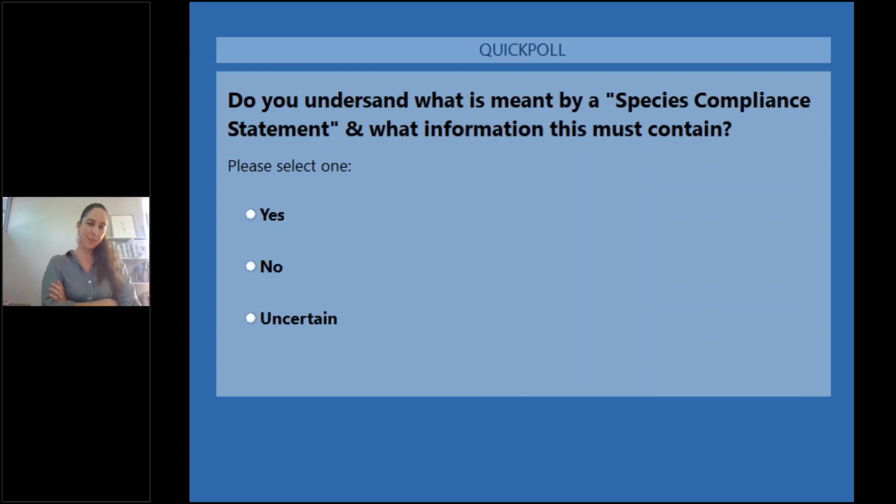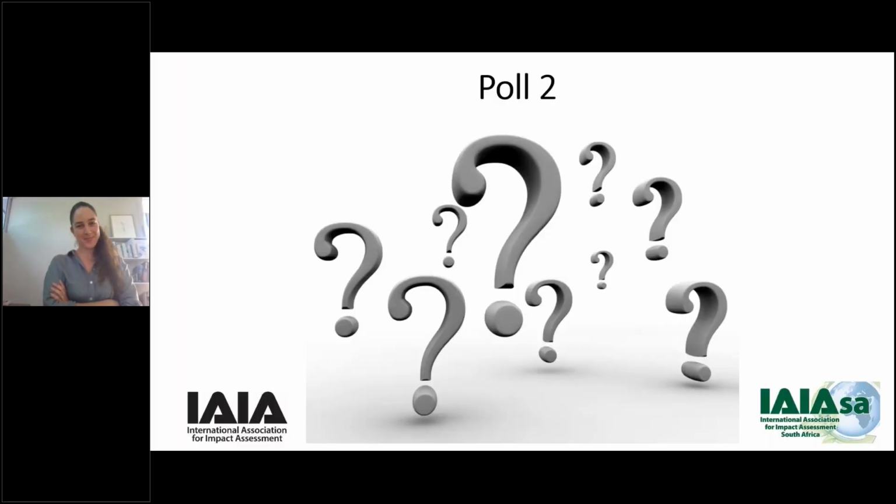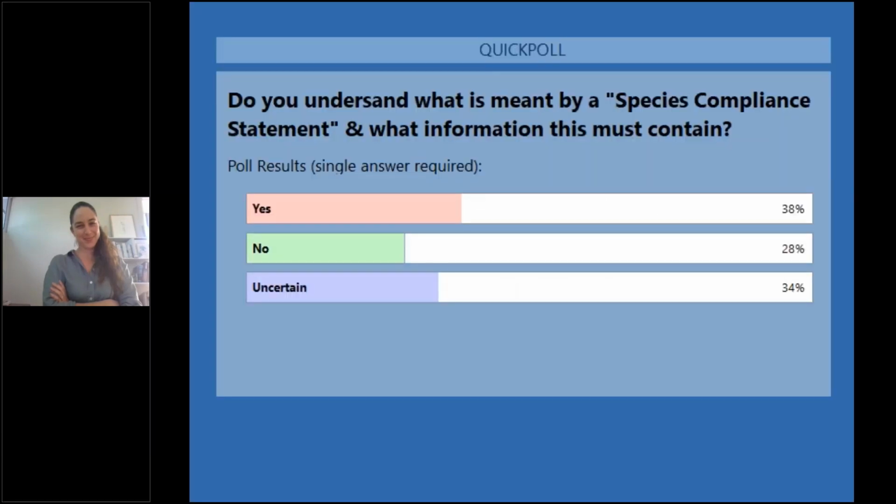Closing the poll in 3, 2, and 1. We have an even balance in the answers here. Yes is 38%, no is 28%, and uncertain is 34%.